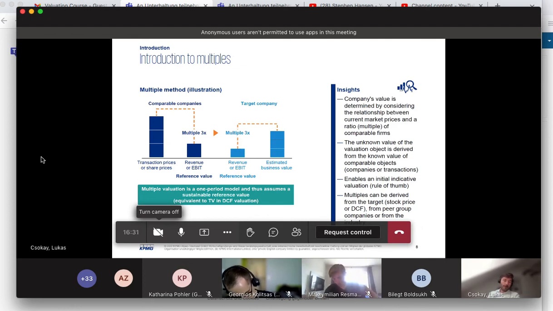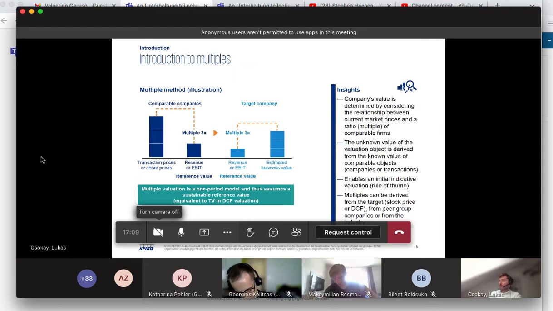So if you're not in a sustainable situation now, then it's quite hard to incorporate that in a multiple valuation. But you could also assume, for example, that for a DCF, you have a sustainable EBIT level, you have a sustainable revenue level. You could just assume then that these are also usable for the multiples valuation.